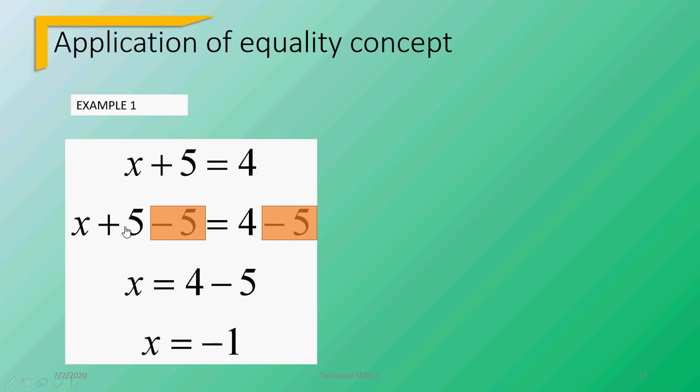Because plus 5 minus 5 equals 0, you will only be left with x. So when you are writing your working steps, you can go straight from x plus 5 equals 4 to x equals 4 minus 5. You can skip the second step, and the final answer is x equals negative 1.